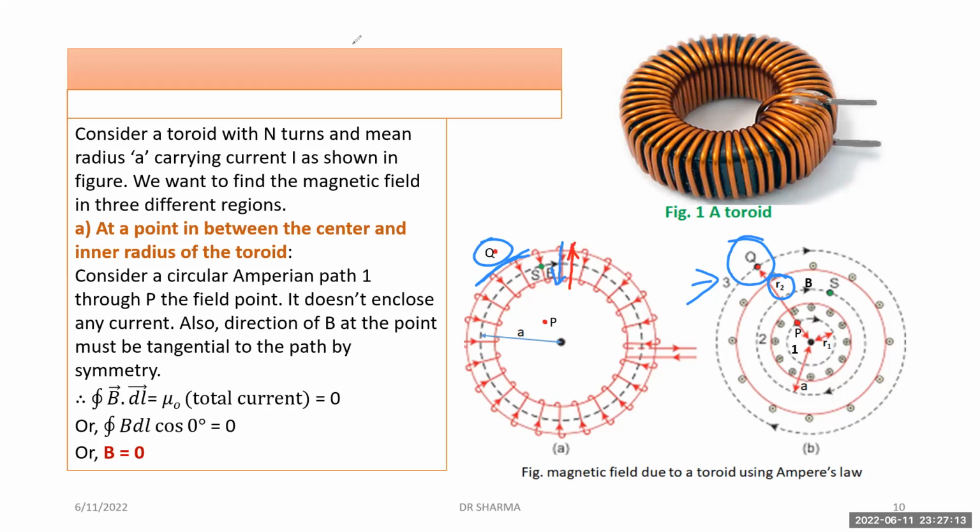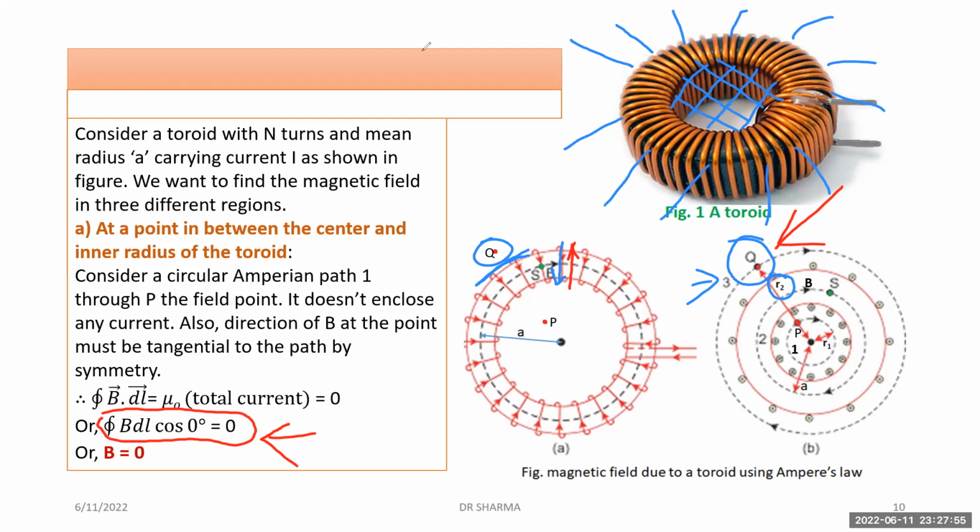So the net current becomes 0. Similar to this, mathematically we get the same result for this case also, and this implies the magnetic field is 0. So we have got 0 magnetic field in the region between the center and the inner radius of the toroid, and outside the outer radius the magnetic field is again 0, as we have proved.